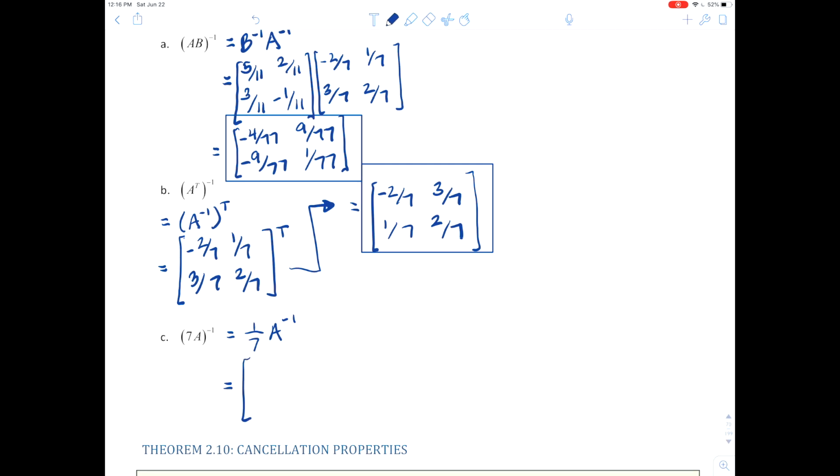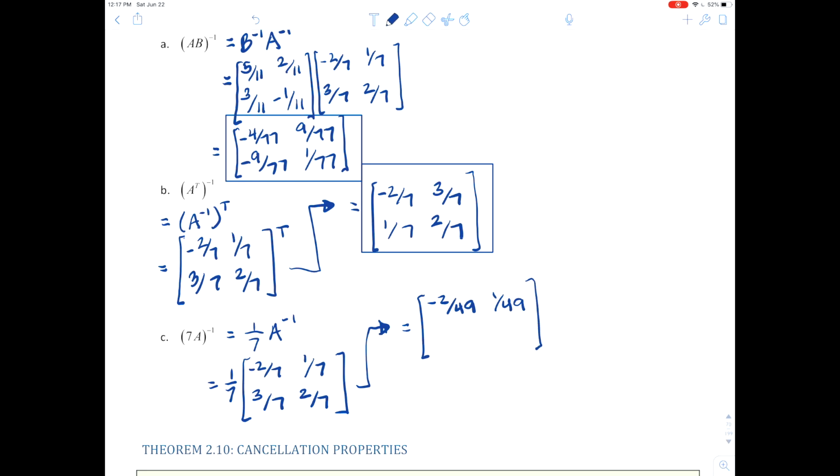Remember, it was -2, so we'd have 1/7 times -2/7, 1/7, 3/7, and 2/7. And that in turn will give us -2/49, 1/49, 3/49, and 2/49.